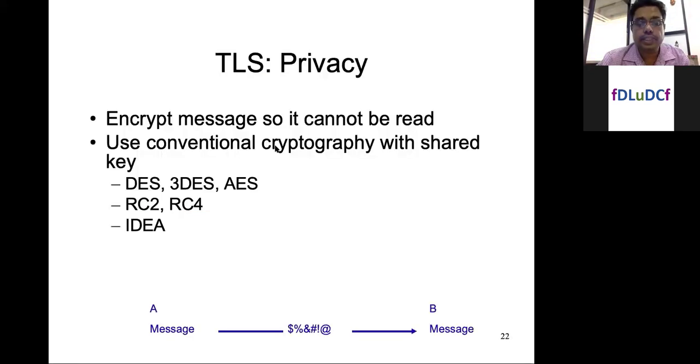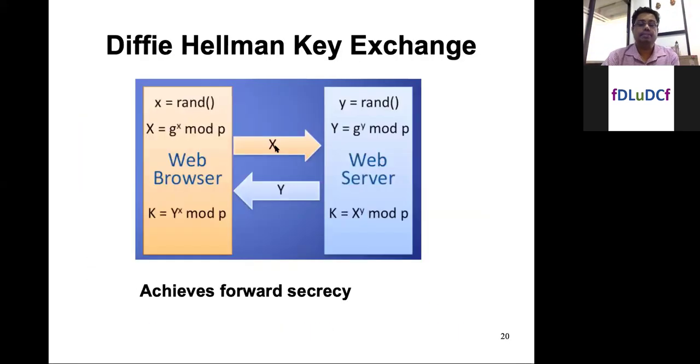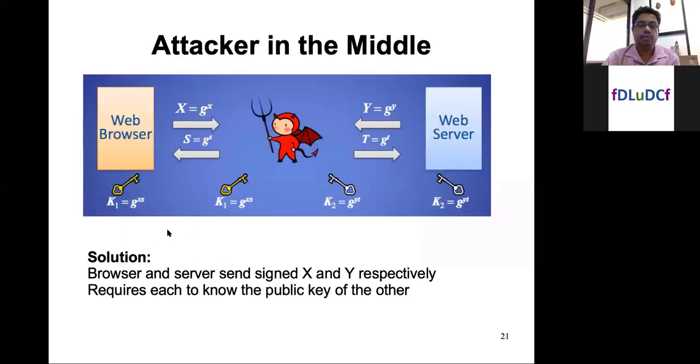How do you do it in the web? In the web, we use what we call digital signatures to stop the man-in-the-middle attack. That means we combine Diffie-Hellman key exchange with RSA.